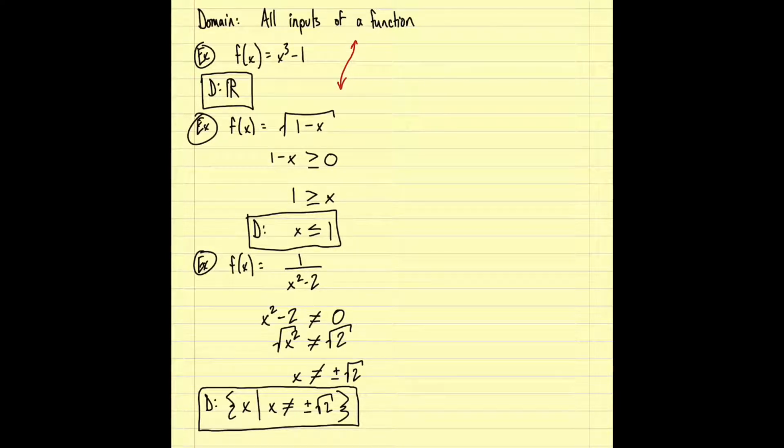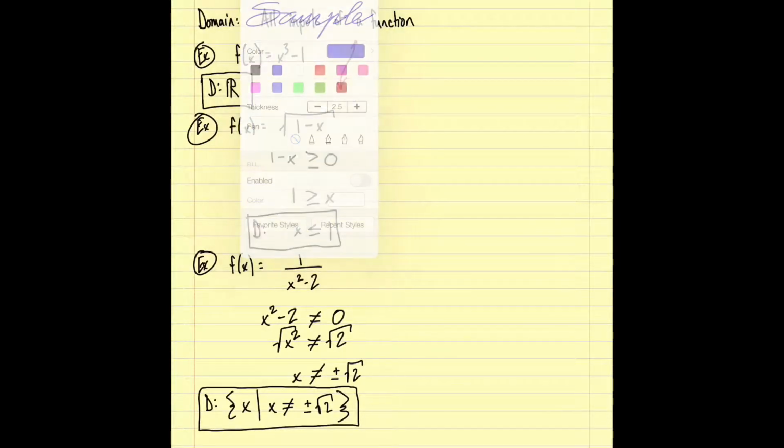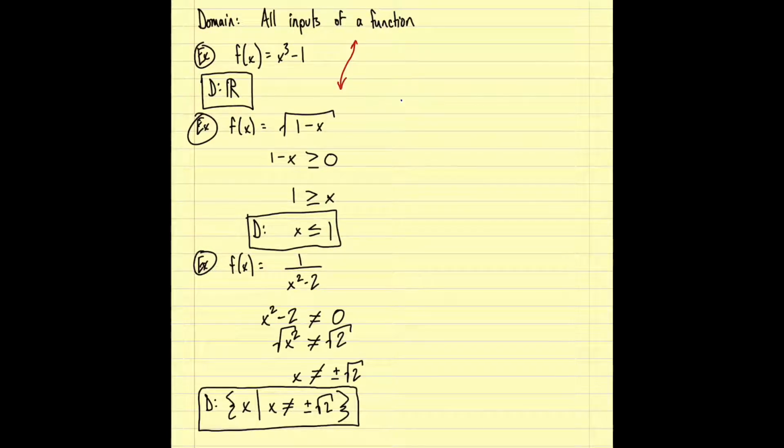So to sum this up, the simple statement here is there are two cases to look for. And that's denominators and even roots.